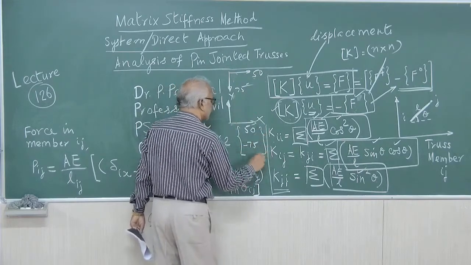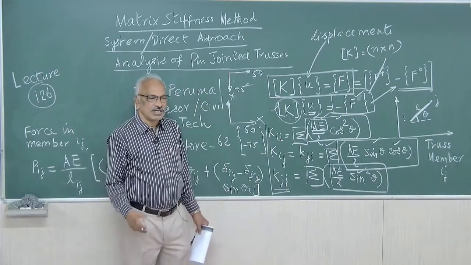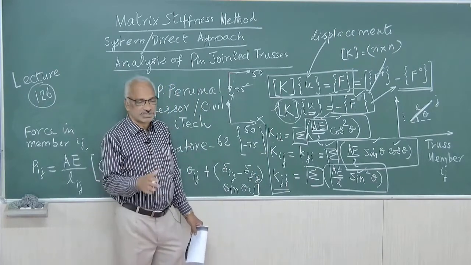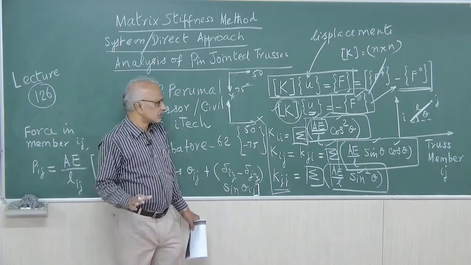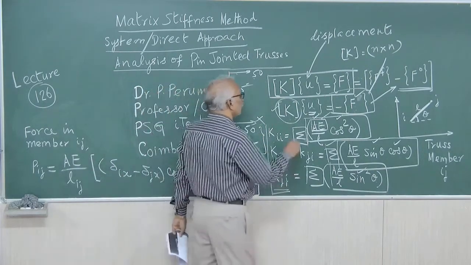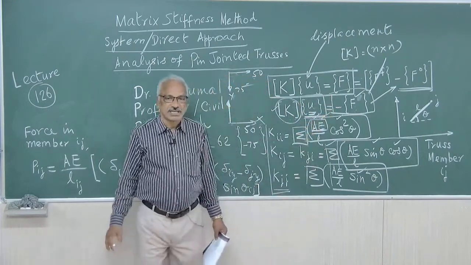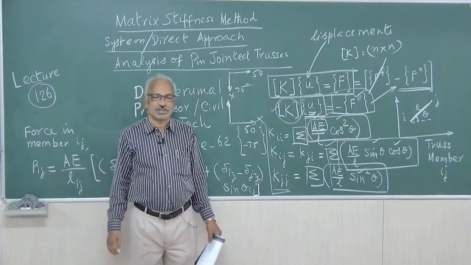So that we can easily get it. And here there is no need for any calculation of fixed end moments and all those things. Members will be subjected to vertical and horizontal loads. So that will give the value of U, the displacements in the x and y directions of the nodes.